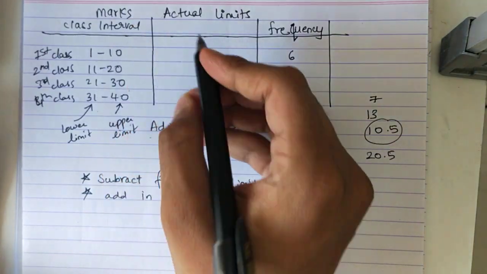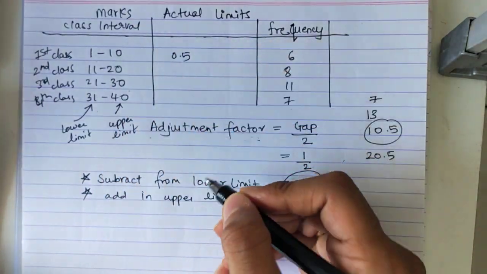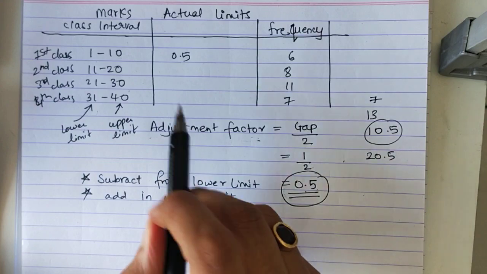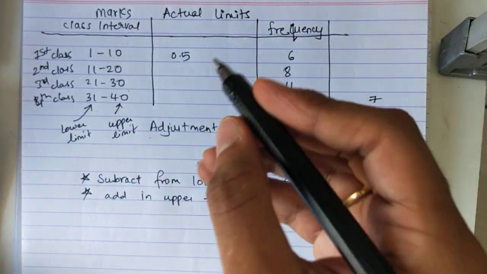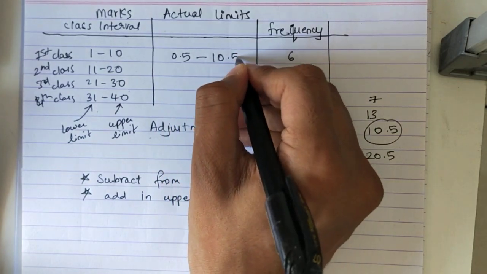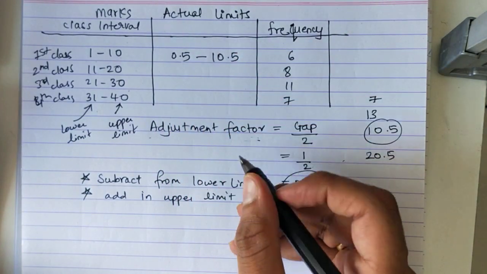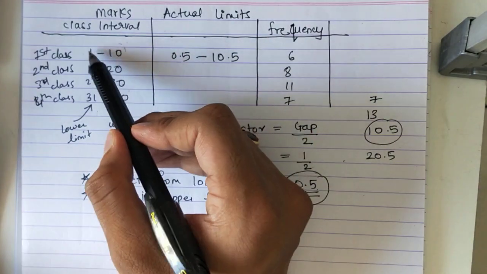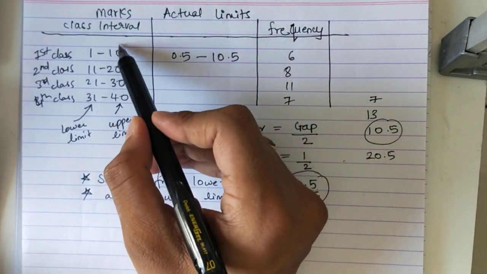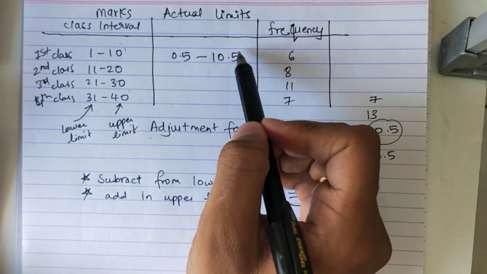So 1 minus 0.5 is 0.5, correct? And add in the upper limit: 10 plus 0.5 will become 10.5, correct? So subtract from here and add the value here.